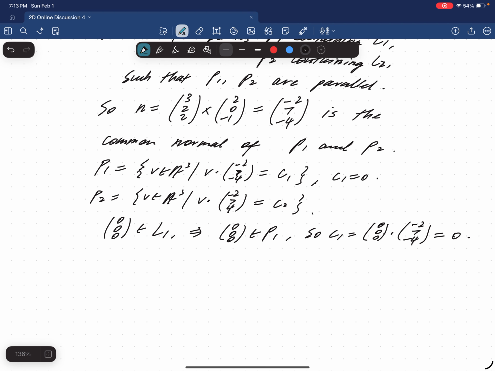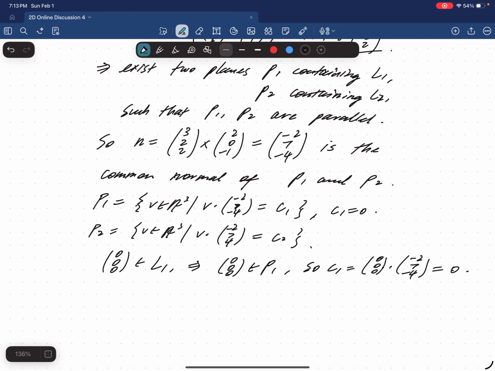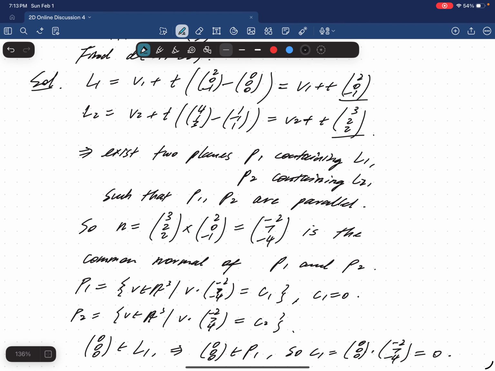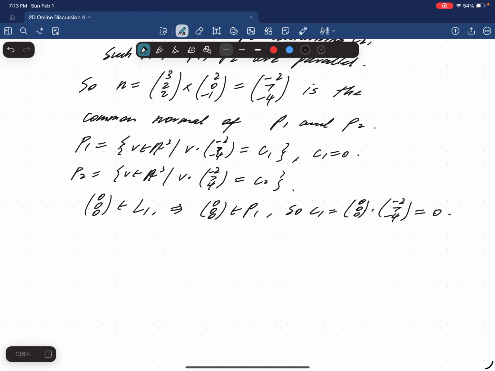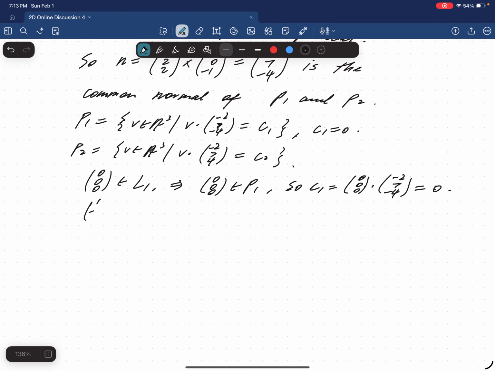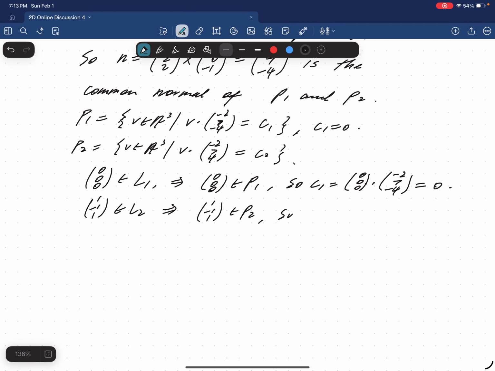And I just need to find a second point on L2. Let's just take (1, -1, 1). This is in L2, and so (1, -1, 1) is in P2 because P2 contains L2. So C2 is just (1, -1, 1) dot (-2, 7, -4), and this is -13.